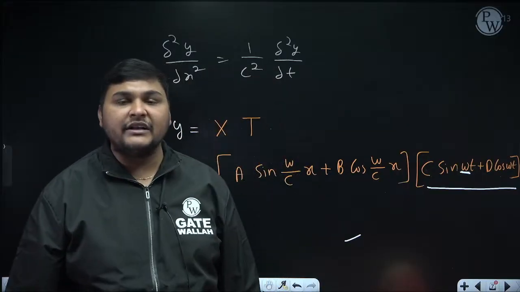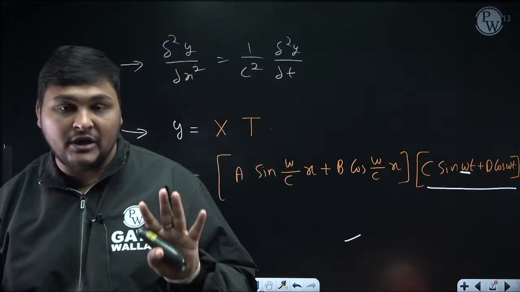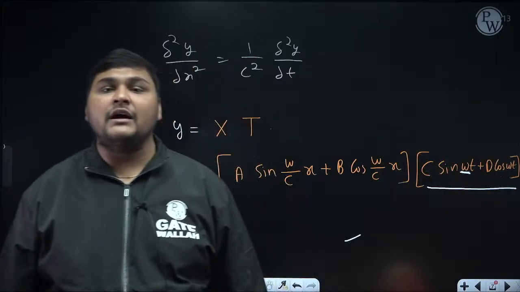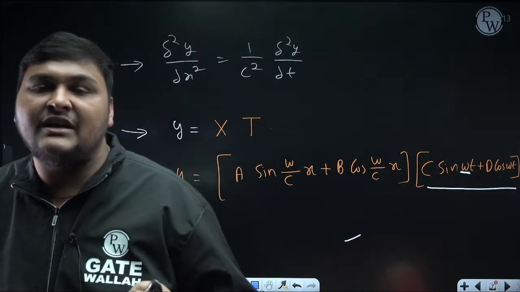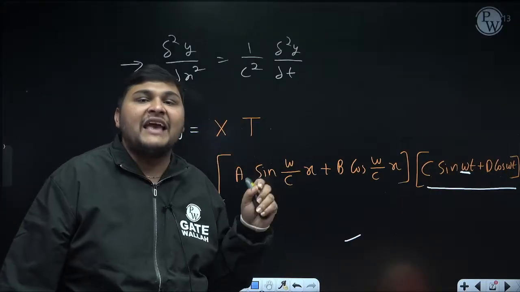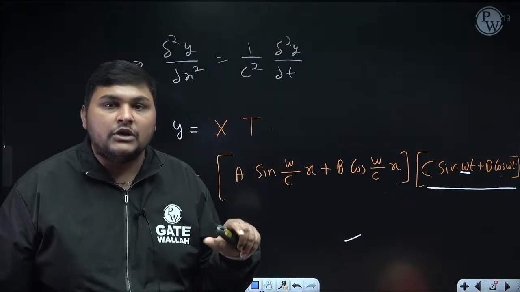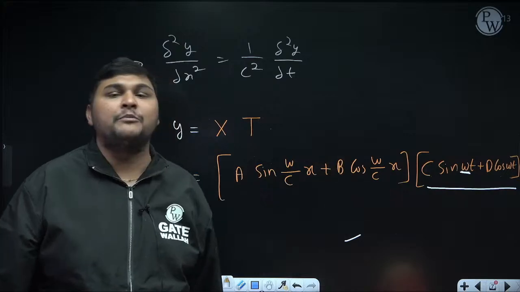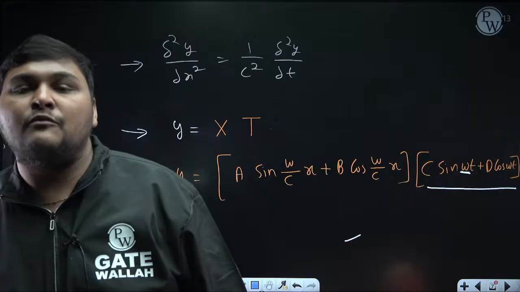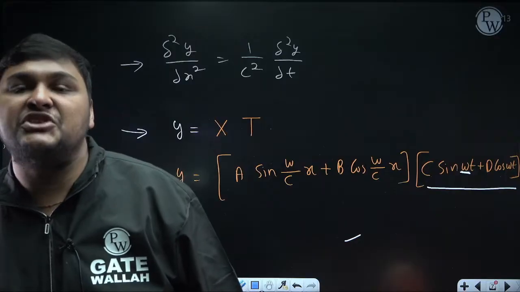Generally the examiner provides initial conditions if asking for the complete solution. Initial condition means the value of y, or the value of velocity at time equal to 0. So whatever information I provide for time equal to 0 is known as initial condition.